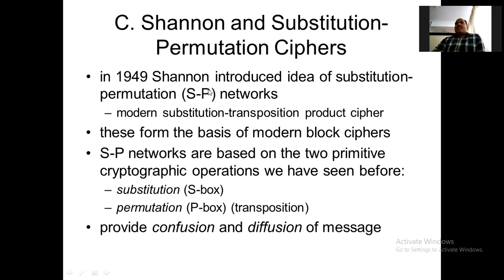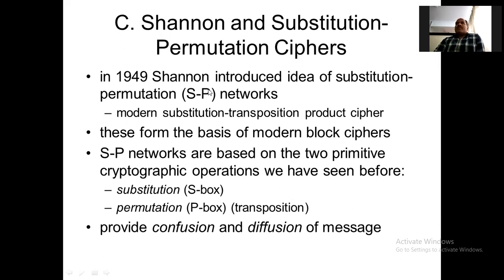One is the cryptographic operation we have seen before, that is the S-box, and permutation is the P-box, called transposition. So remember this: the S-box is called the substitution box, and the P-box is called the permutation box here.